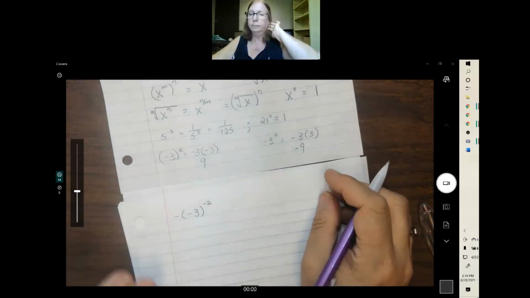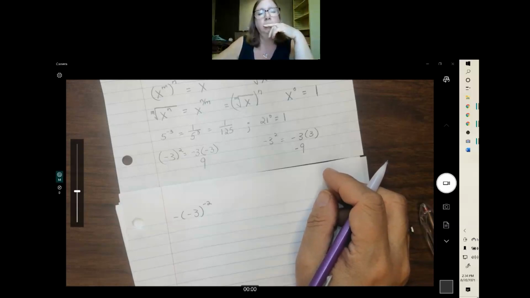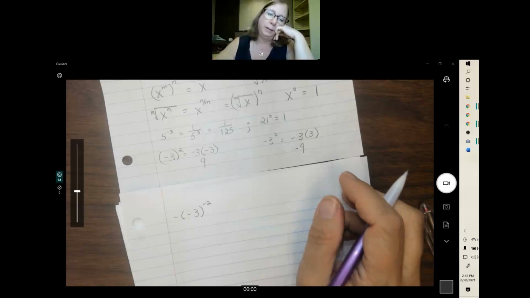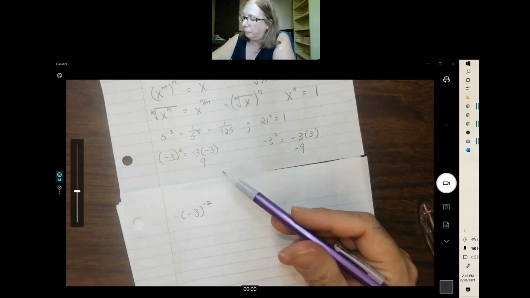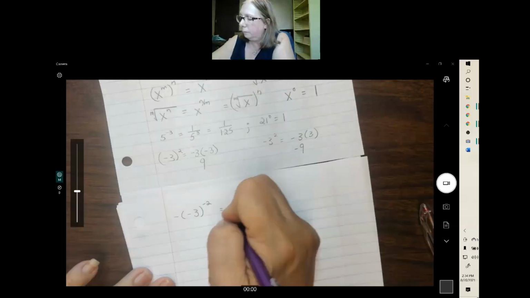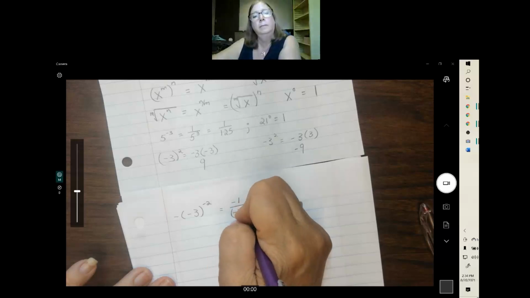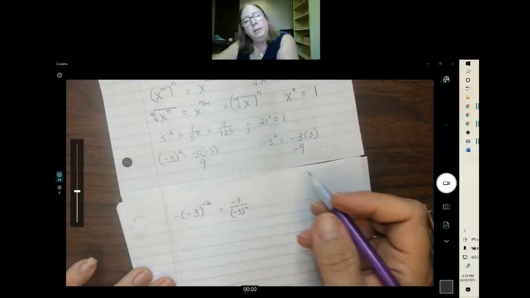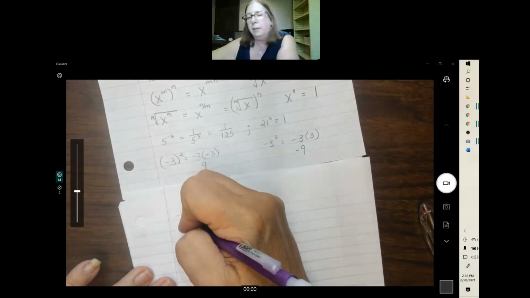How about this one? A lot of negatives to think about. I would make my exponent positive first. And when I move it to the denominator, this negative, remember when there's no number, it's a 1.